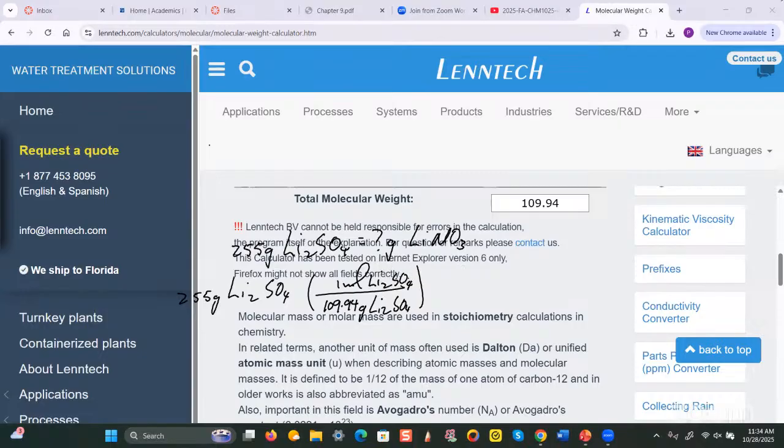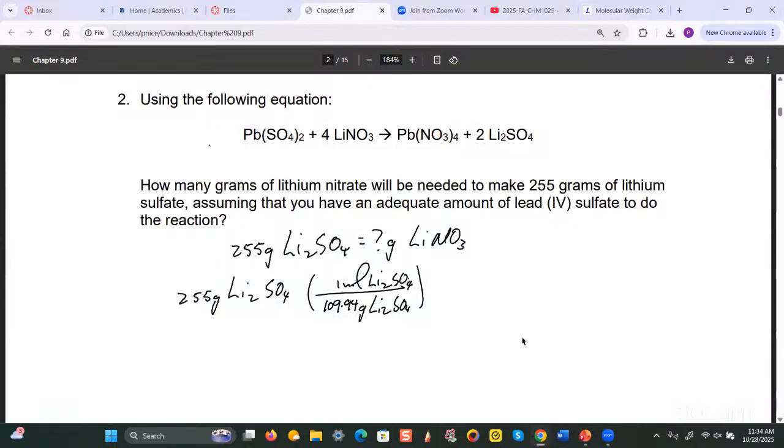Okay, so going back to the problem, what would be the next step? I've done the first step for you. So what's the next step? Now that we have these two canceling out here and here, what do you think the next conversion factor is going to be? What goes up top, what goes below? 2 moles of Li2SO4 below, or sulfate.